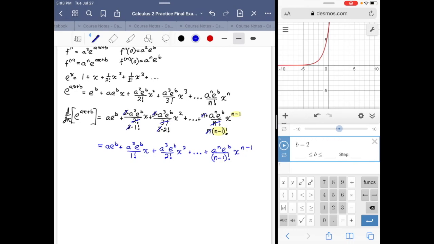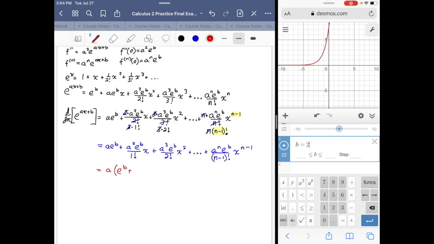We have a common factor of e to the b that could be pulled out, but we also have an extra factor of a. If we compare that to what we have over here, you really see that we're only one minor adjustment away from having what we need. All right, so I'm going to pull out an a.